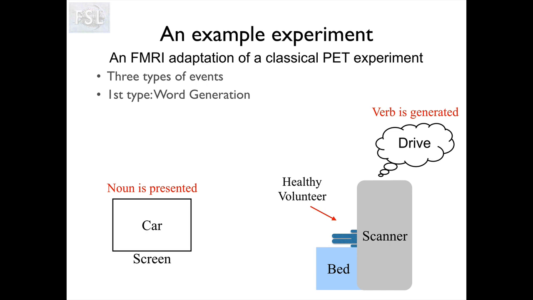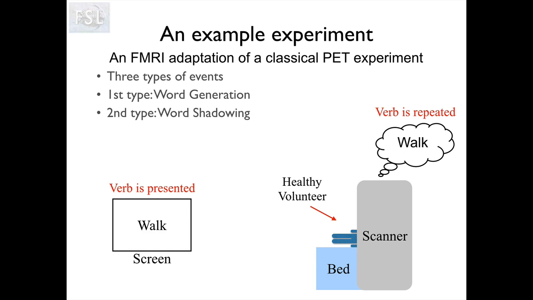So, car, and the subject might generate the verb drive, and he thinks drive. He doesn't say it, he just thinks drive. Or he's presented with door, and the volunteer might think open. This is the word generation task, because you actually have to come up with a word yourself, in this case a verb.